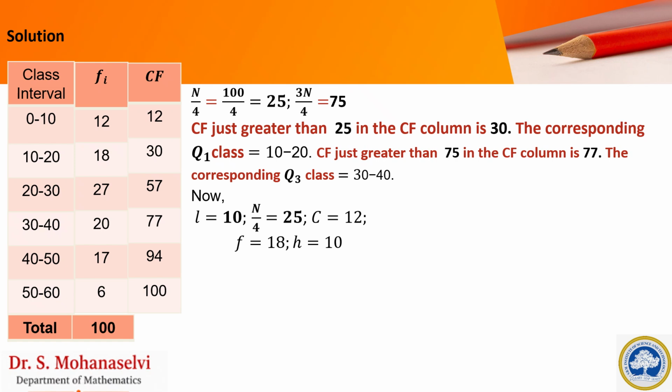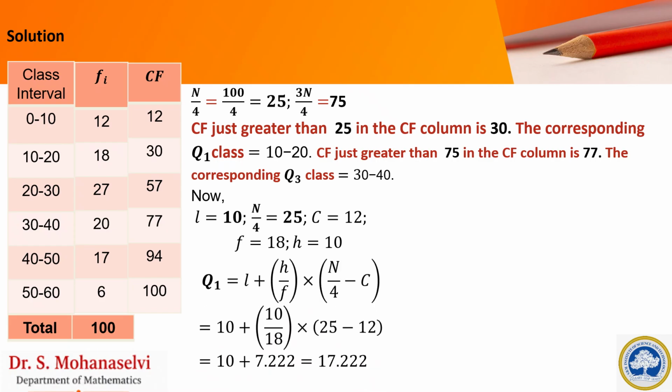For Q1, the lower boundary will be 10 and n by 4 is 25, and C is the cumulative frequency just preceding the quartile Q1 class, and F is the frequency of the quartile class and H is equal to 10. Substituting all these values in the formula, we will get Q1 is equal to 17.2.